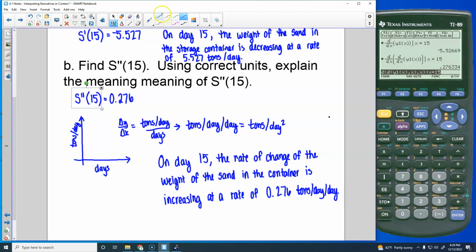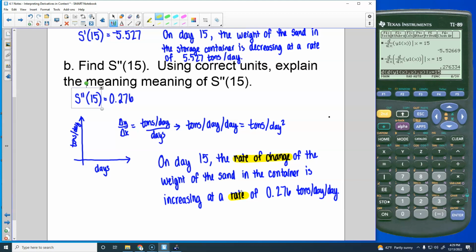Okay, so notice here, whenever we're talking about second derivative, we're talking about the rate that the rate of change is changing. So I've got the rate of change of the weight of sand is increasing at a rate, so you should have double rates there. It's the rate of change of the rate of change.